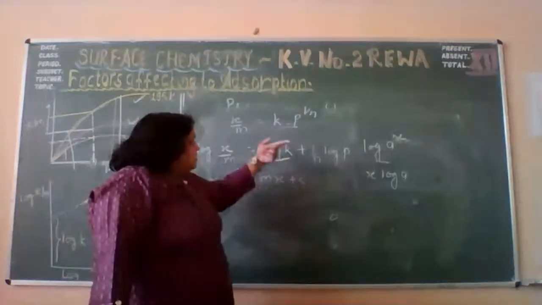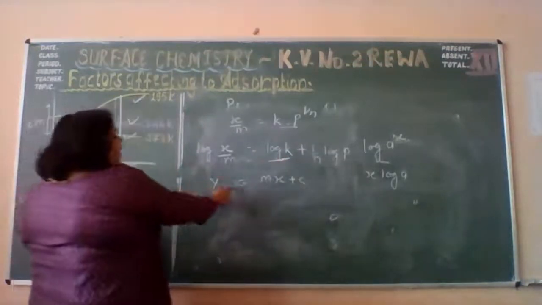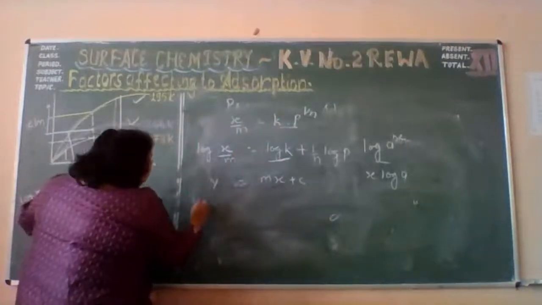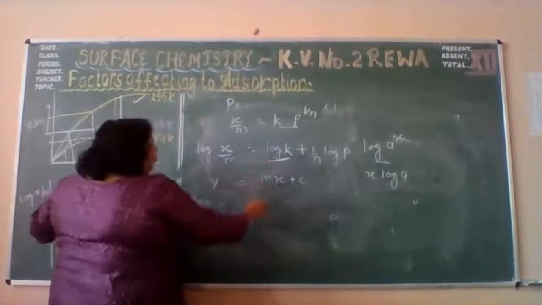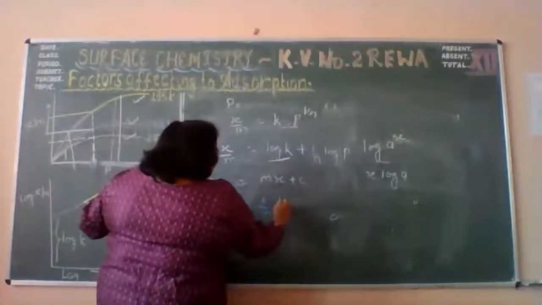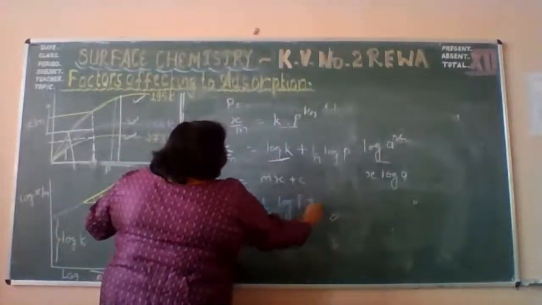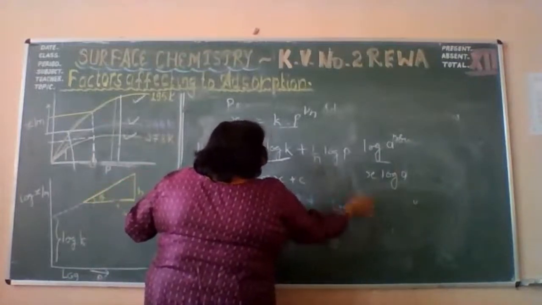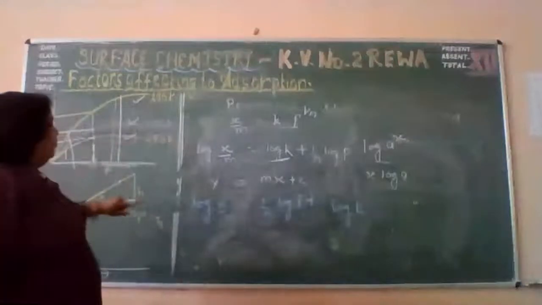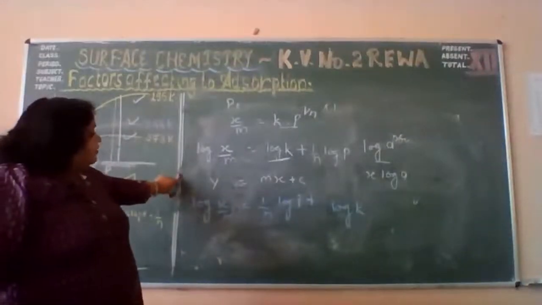So I have to just rearrange this equation. If I have to compare it with this, log x upon m is equal to 1 by n log p plus log k.